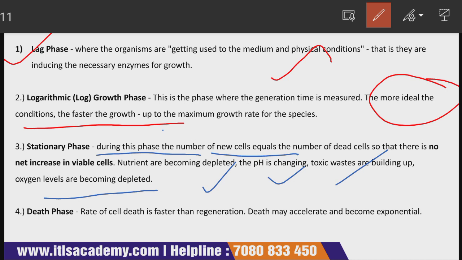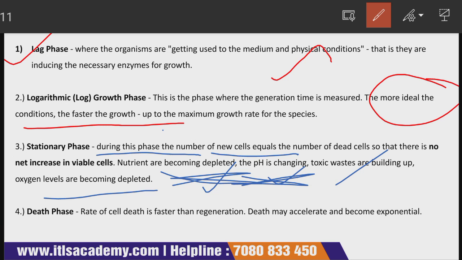Why? Because nutrients are becoming depleted, pH is changing, toxic waste is building up, or you can say the oxygen levels are depleting. The main reason is that nutrients and oxygen levels are depleting. So there is no further growth in bacteria. Then comes the death phase.